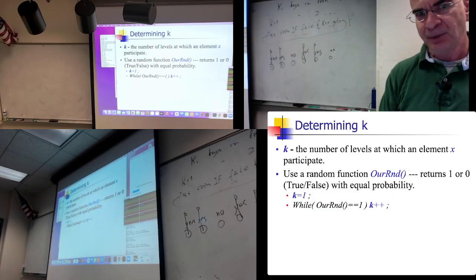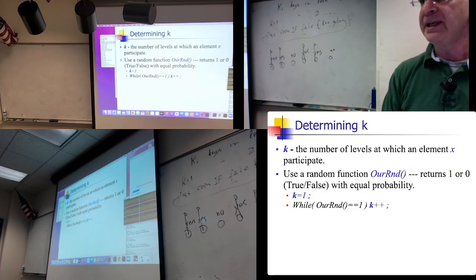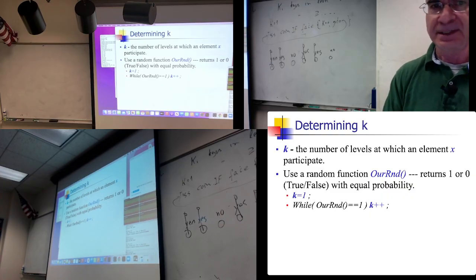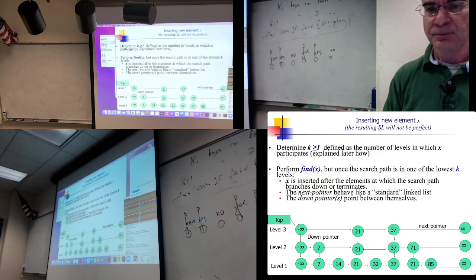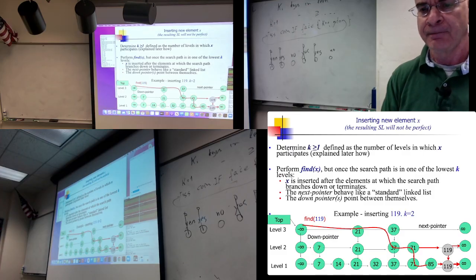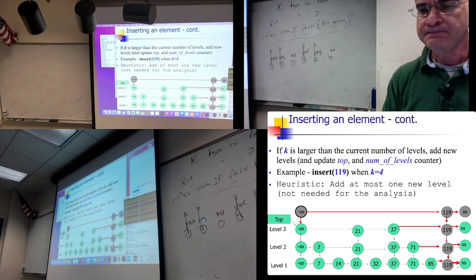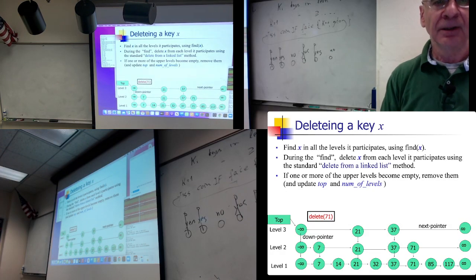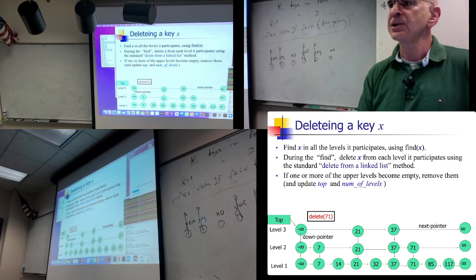It's ridiculously simple to implement, and that's why it's also fast to run. There are barely any ifs. I determine what k is, and then going back one slide, I do one insertion when I know how many levels k participates in. And that's the whole algorithm for insertion.